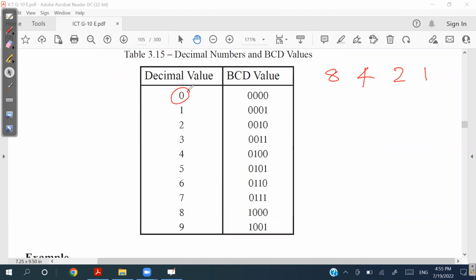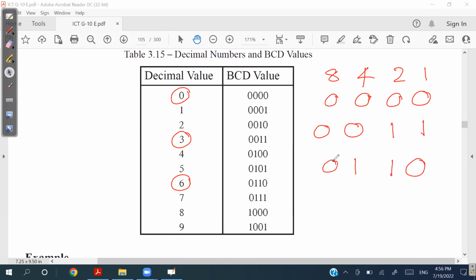So to represent 0, they write 4 zeros. To represent 3, they need 1 and 1 over here, so 2 zeros come over here. To represent 6, the 4 and 2 need to be represented, and the other places are 0. Likewise, their attempt was representing a number in the computer using a 4-bit code, which we call binary coded decimal.